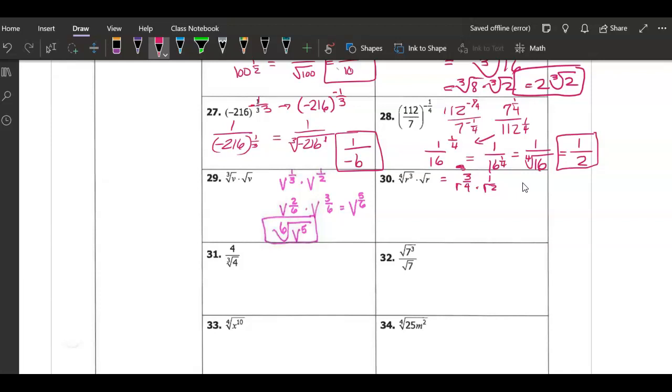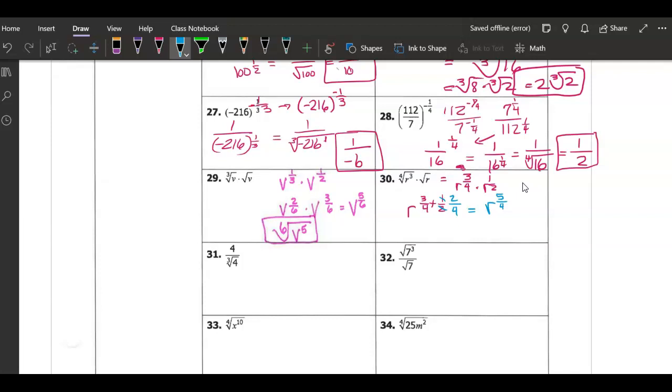That 3/4 is an exponent. So that means I keep the base and I add the exponents. So I have 3/4 plus 1/2. Well, I need a common denominator. So I need to change this, multiply both the top and the bottom by 2. So 3/4 plus 2/4 is equal to r to the 5/4 power.